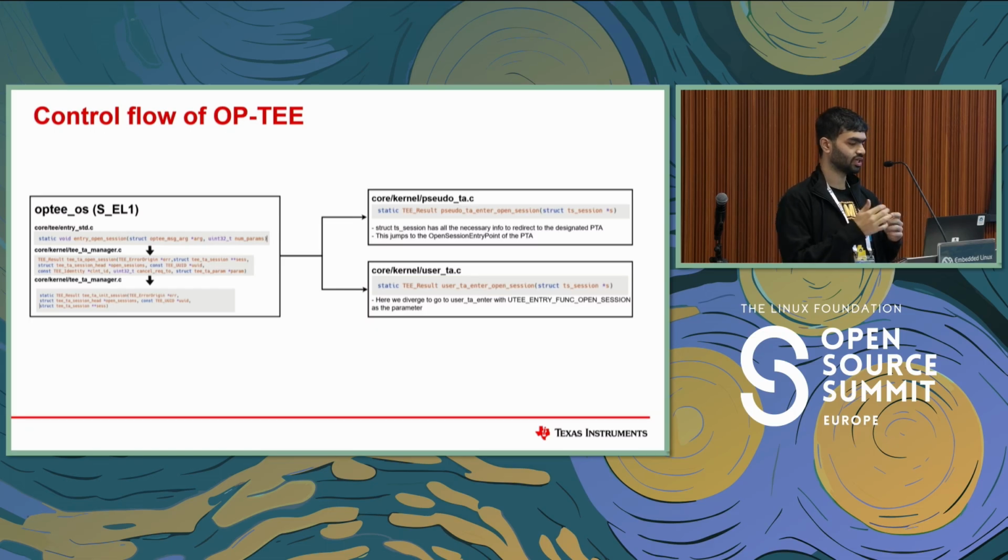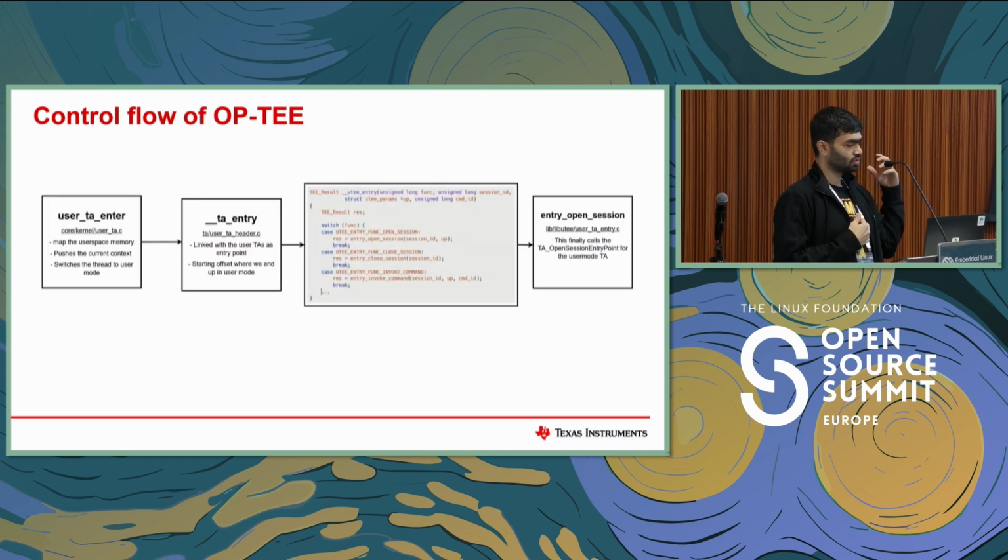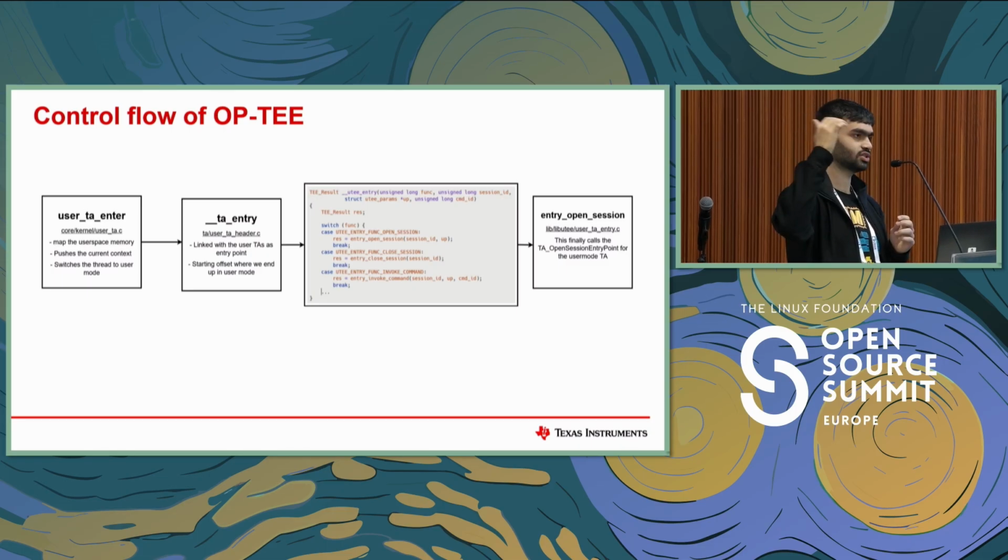For the user mode trusted application, we are still not there yet. So now we diverge and go to a user TA enter session. And from there, you would switch the context to the SEL0, that's the user mode side of the secure world.